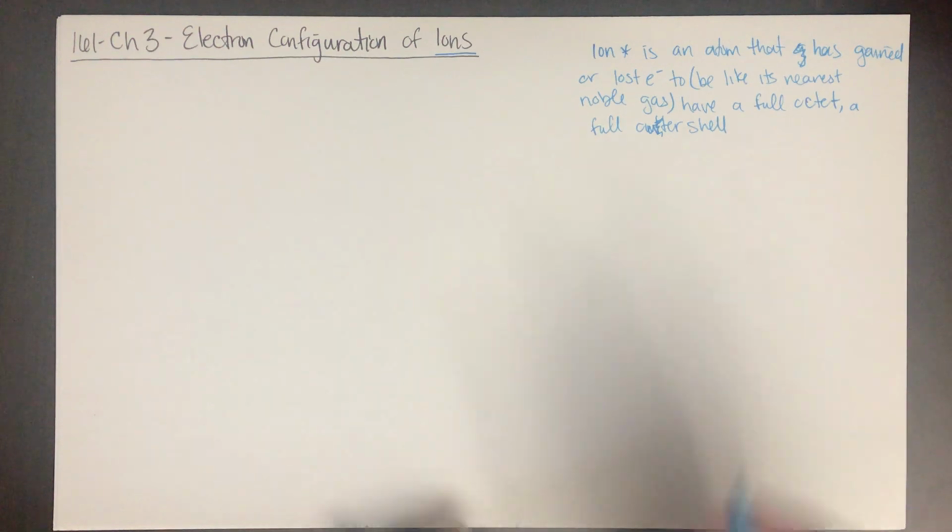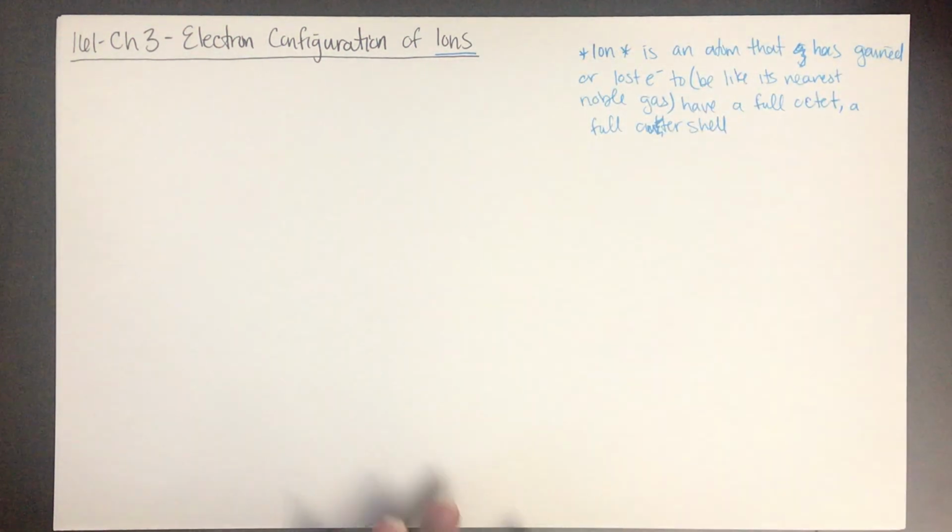Okay, so an ion is an atom that has gained or lost electrons to be like its nearest noble gas, and the noble gases have a full octet, or a full outer shell of electrons.